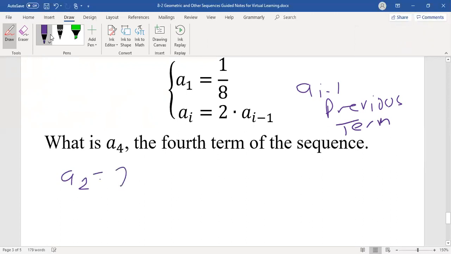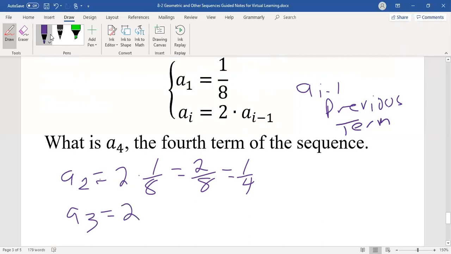So we'll say 2 times 1/8, which is 2/8, which is just 1/4. A3 would be 2 again times the previous term, so times 1/4.